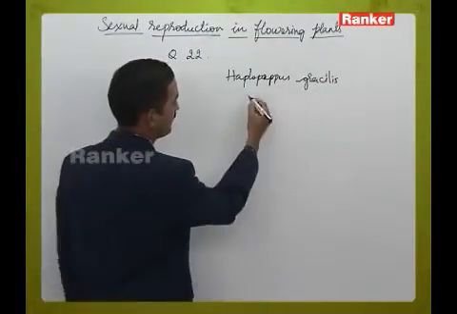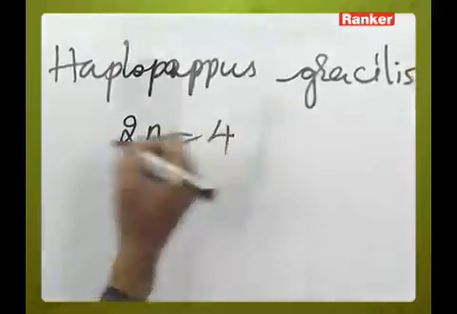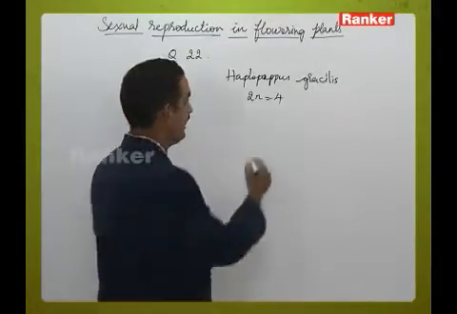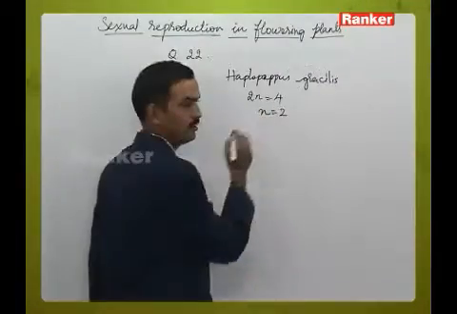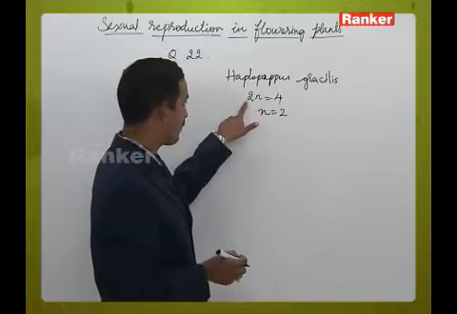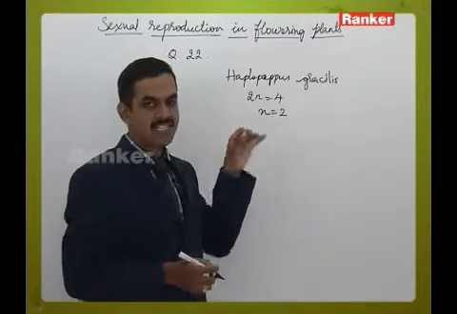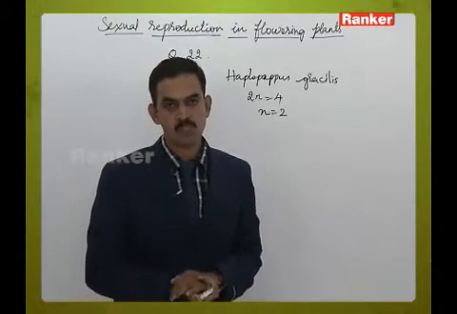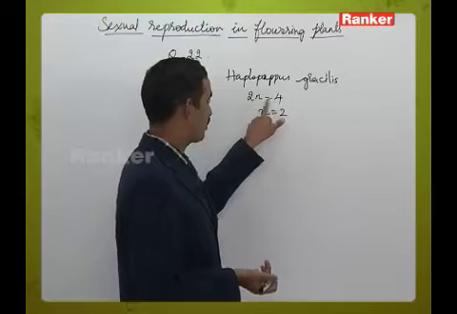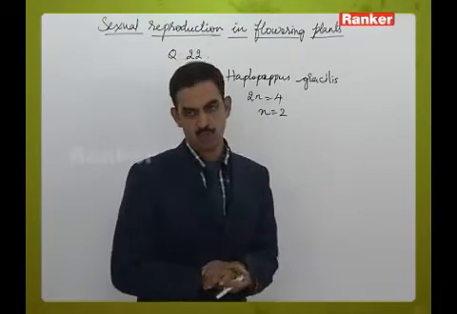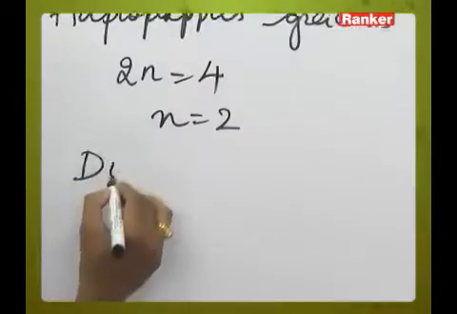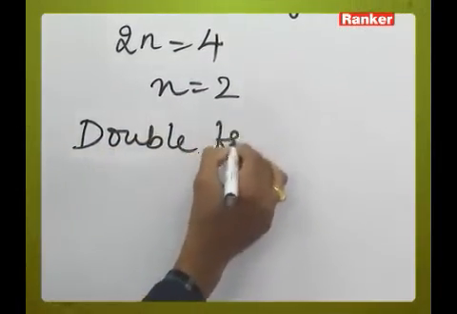In this plant, the diploid number of chromosomes is 4 and the haploid number will be 2. That means the diploid number means 2 genomes are there and each genome contains 2 chromosomes. So 2n equals 4 and n equals 2. Okay, here the question is related to double fertilization.